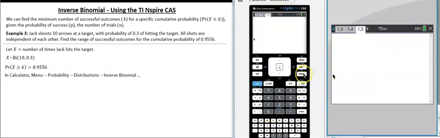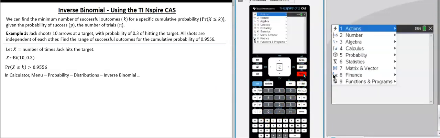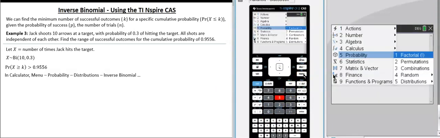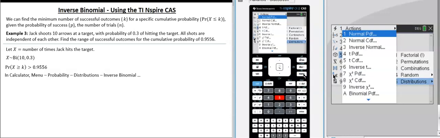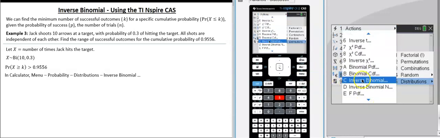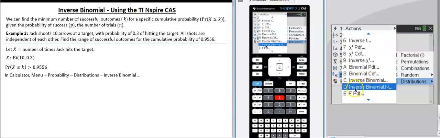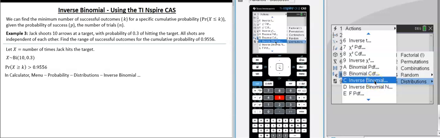So we can go to Menu, Probability, Distributions, Inverse Binomial. There's inverse binomial and there's inverse binomial n. We were using inverse binomial n before, now we're using inverse binomial.